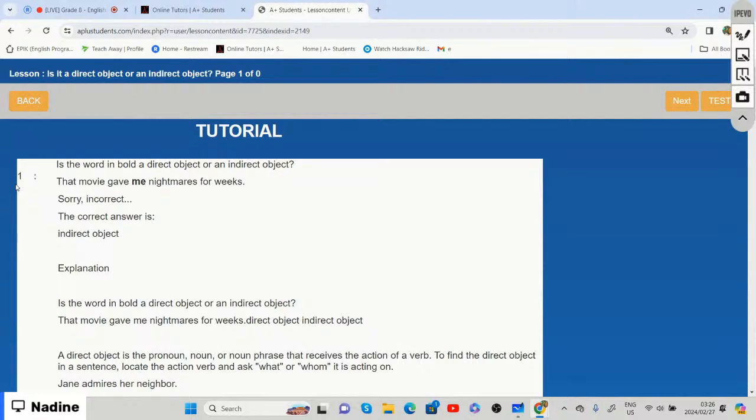So that movie gave me nightmares for weeks. So we need to say, is that a direct object or an indirect object? All right. So me, because it's not asking whom or what it is acting on.